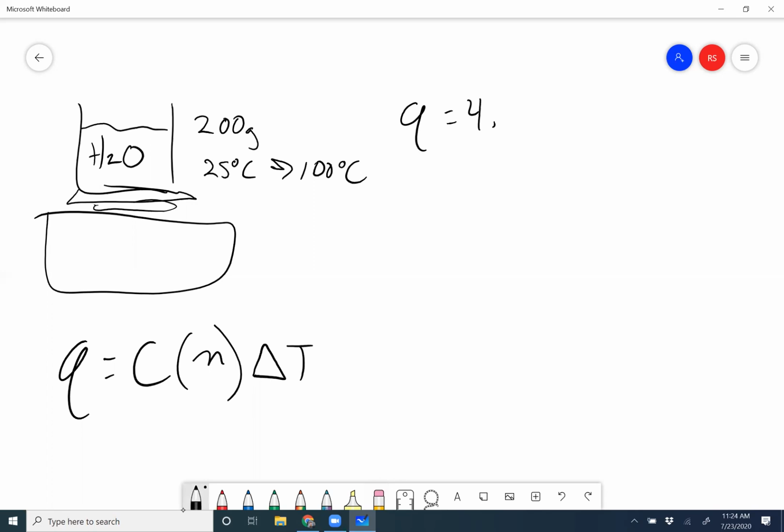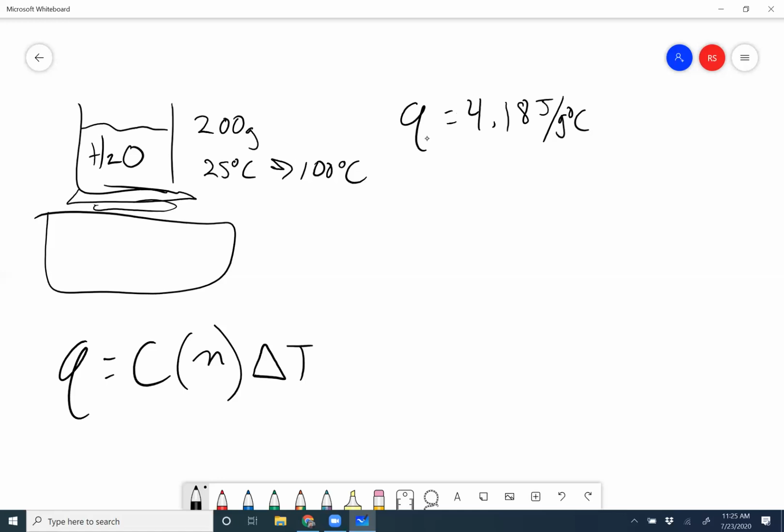Most of the time, we're going to talk about joules. So that's the specific heat of water. That's how much energy it takes to raise the temperature of 1 gram of water by 1 degree C. So you need 4.18 by 1.